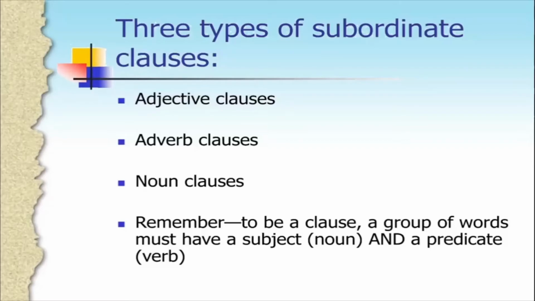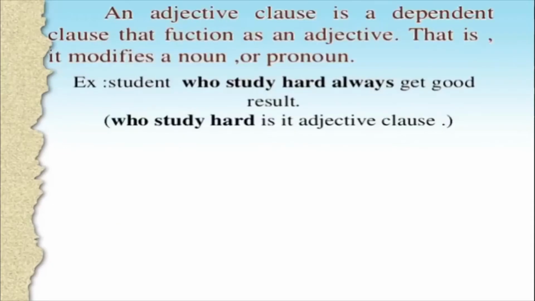So we will first start with adjective clauses. Here also I will try and give you as many examples as possible so that the idea is clear to you. An adjective clause is a dependent clause. I need not repeat it again and again, we are talking about subordinate clauses. An adjective clause is a dependent clause that functions as an adjective.